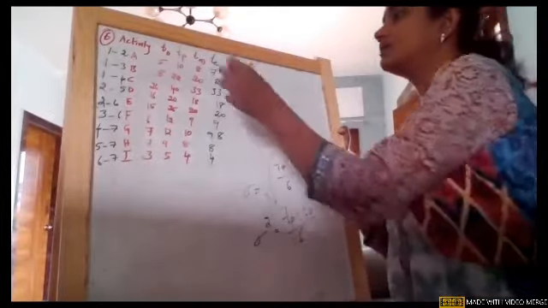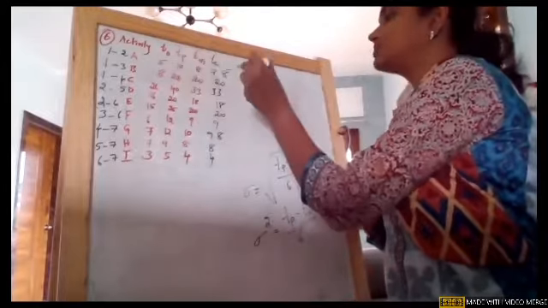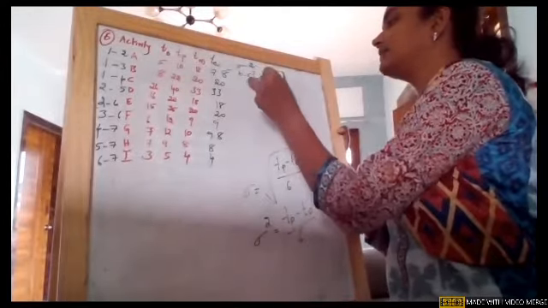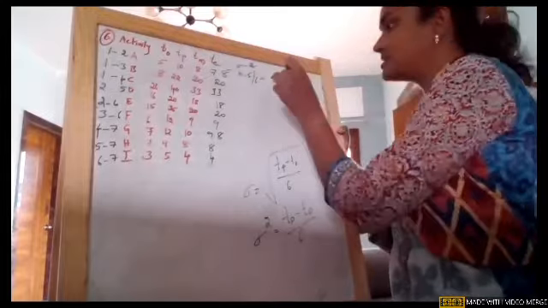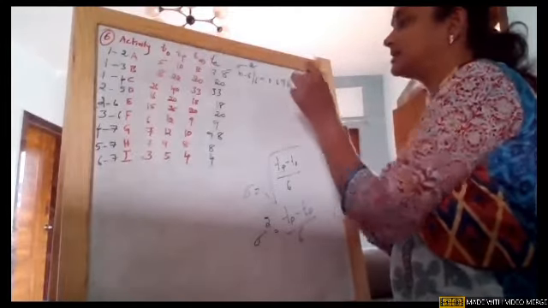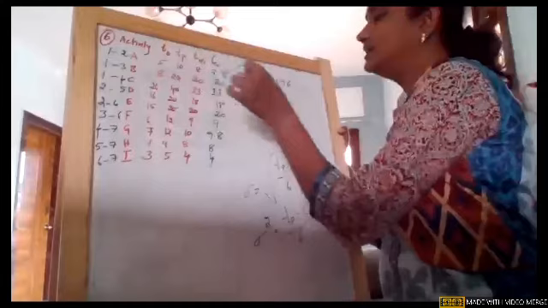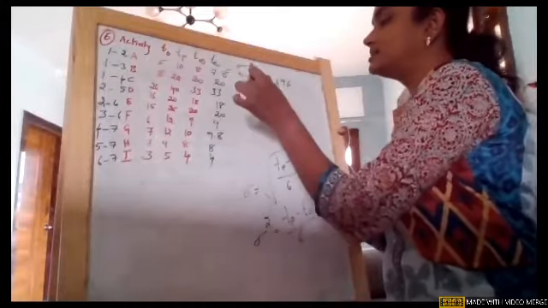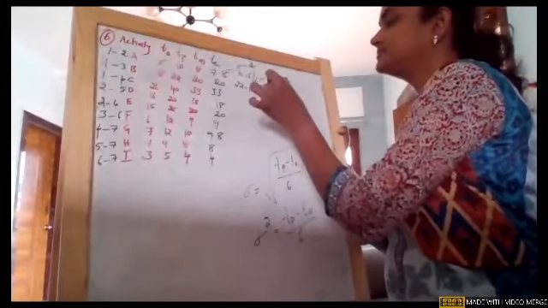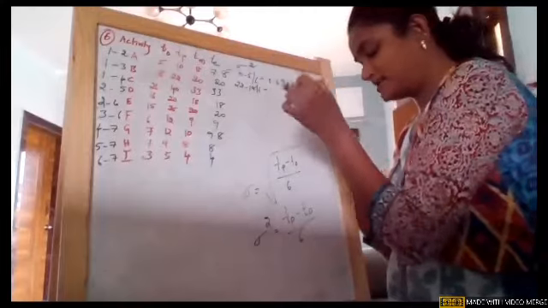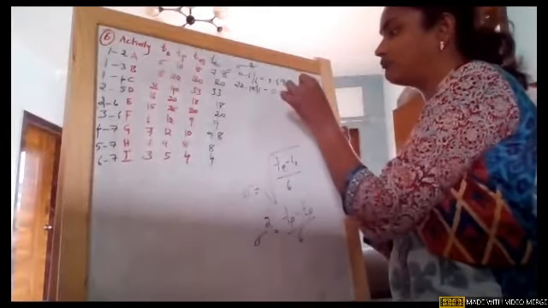Now if you see TP minus TO, so 10 minus 5 divided by 6, we got 0.696. The next one is 22 minus 18 divided by 6, which is 4 by 6, which we got as 0.444.